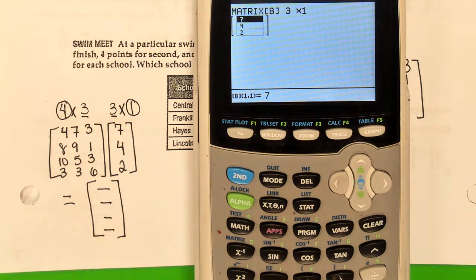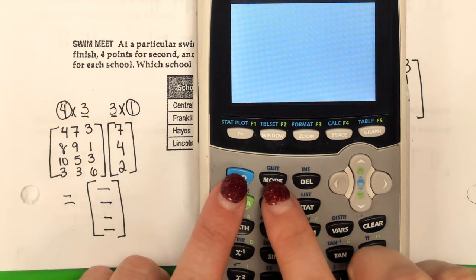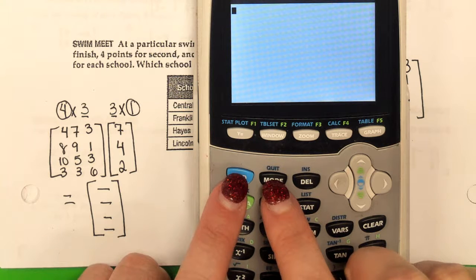So then from there, our calculator is in edit mode. We have to get it out of edit mode. So how do we get it out of edit mode? Second and then quit, or second and mode, whatever you want to call it.